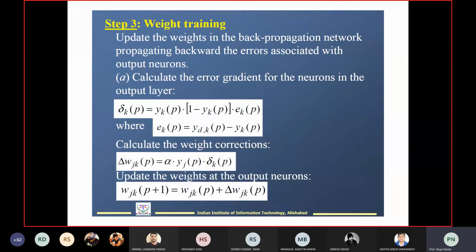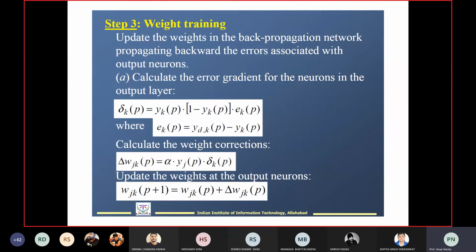That is the important part here. This is a gradient descent algorithm. So you have to calculate the error gradient for the neurons in the output layer first. That is delta kp equals ykp into 1 minus ykp into ekp.